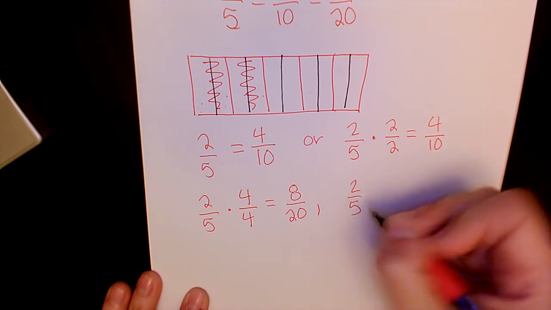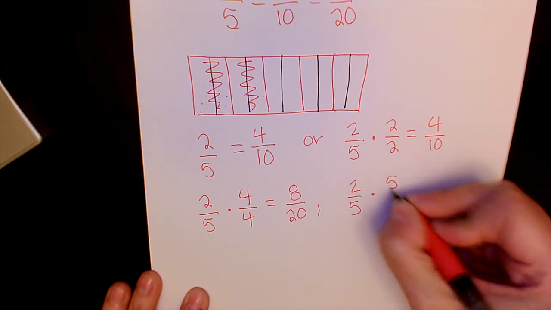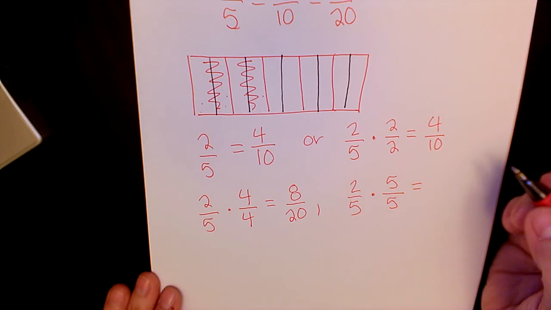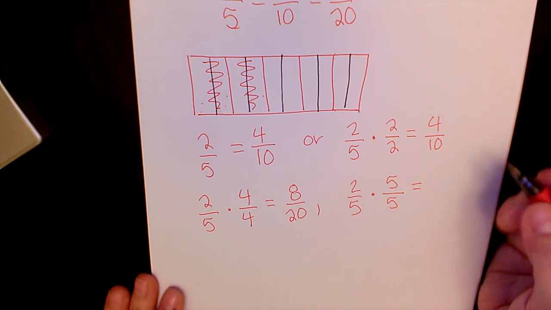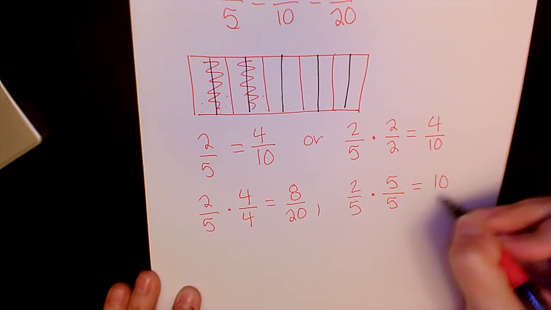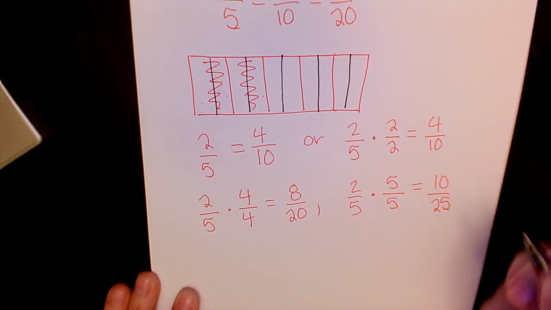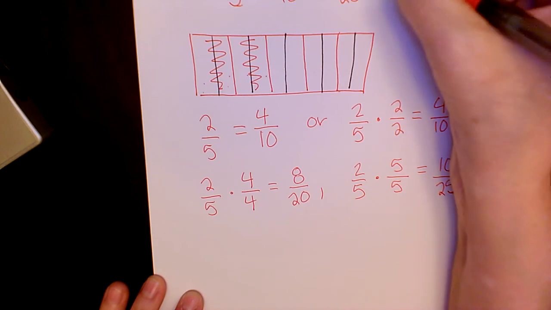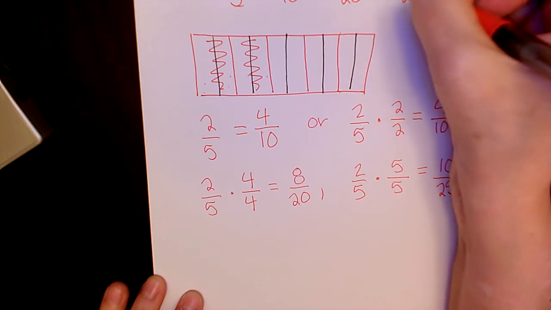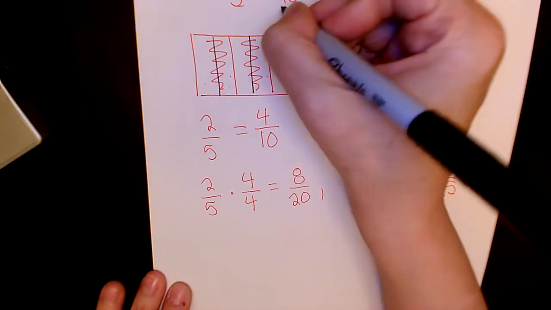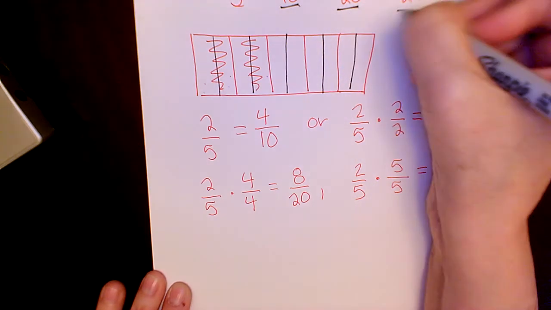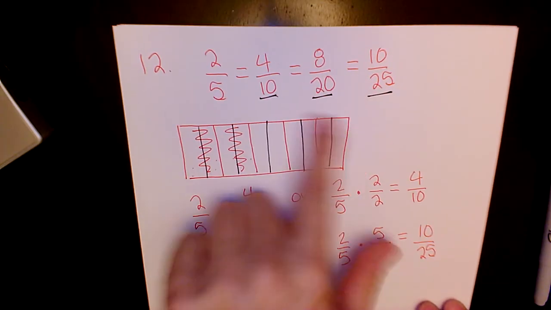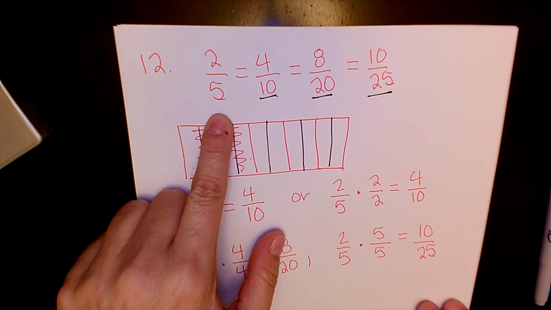And pick another number. Let's say 5. Multiply top and bottom by 5. Any number you want. So 10 over 25 is also. So these 3 fractions are all equal to 2/5.